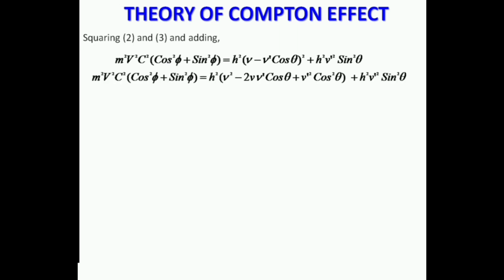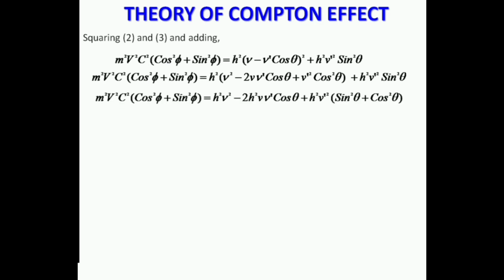Now m square v square c square (cos square phi plus sin square phi) equals h square (nu square minus 2 nu nu prime cos theta plus nu prime square cos square theta) plus h square nu prime square sin square theta. Multiplying h square inside the bracket, we get h square nu square minus 2h square nu nu prime cos theta plus h square nu prime square (sin square theta plus cos square theta).